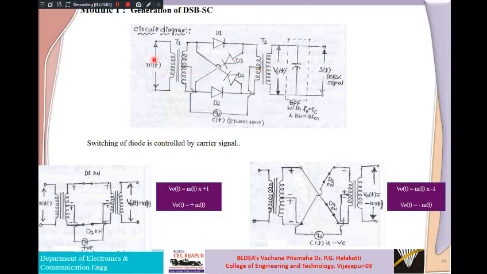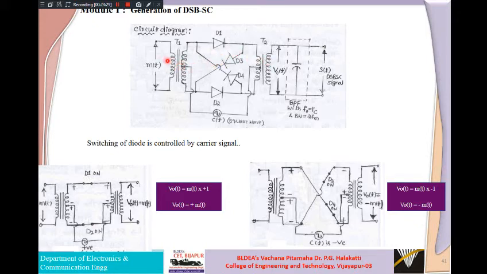At the primary side of T1 you apply the message signal m(t). There are two main parts of this DSB-SC AM generation circuit. The first part is the two transformers T1 and T2.